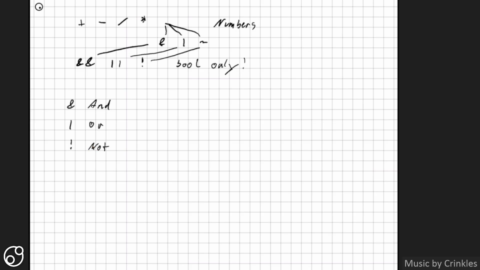This is some simple Boolean logic. True and false, for example, it's false. Stuff like that. Or true or false. That would be true.